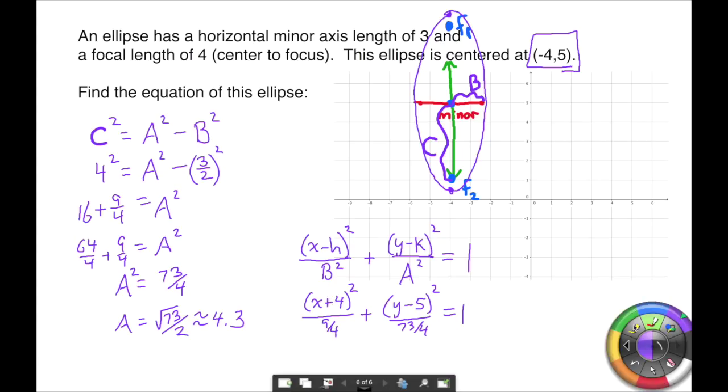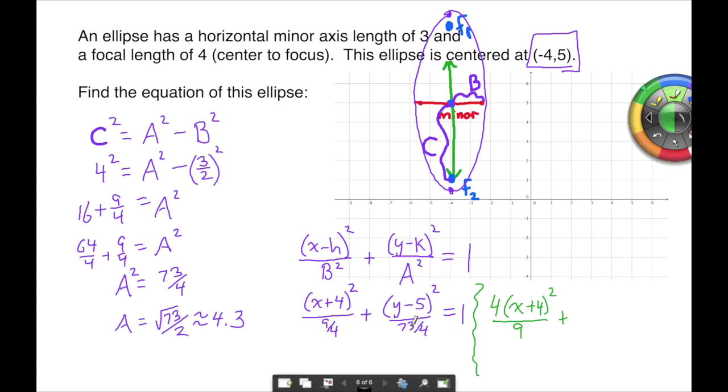So the last step is actually cleaning it up. It doesn't help you graph it, but it just makes it look a little prettier. We're going to reciprocate this. In other words, when you divide a fraction by a fraction, you can flip and multiply. So this is going to become much neater. 4 times x plus 4 all squared over 9.